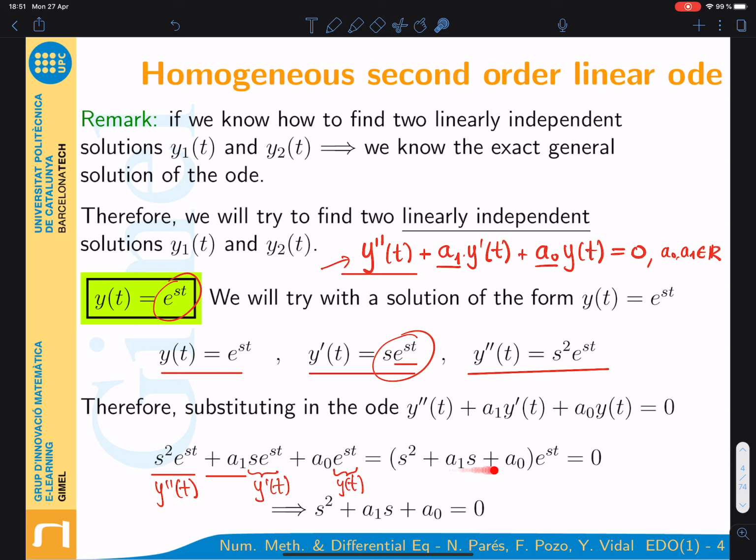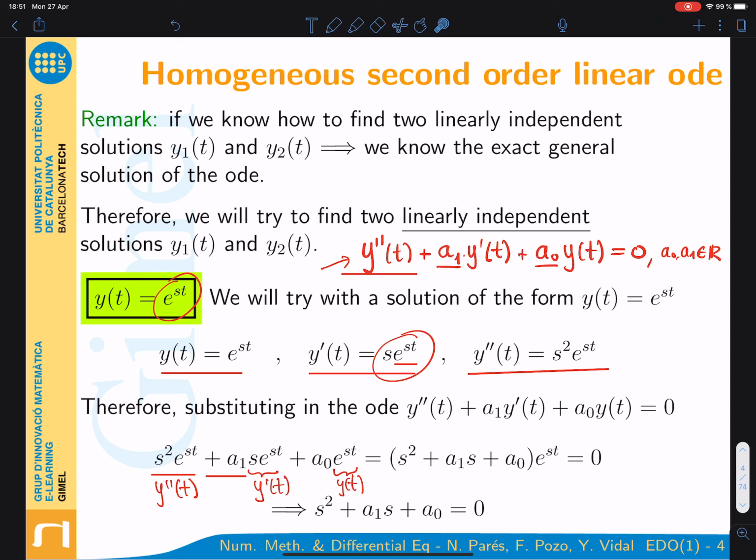Oh, wait, that looks a lot like the ODE. It has a lot of similarity with the ODE. Instead of s squared, I have y prime prime. Instead of s, I have y prime. Instead of 1, I have y. Okay, but it has a similarity. We'll see this is helpful in the future to solve this type of ODEs.